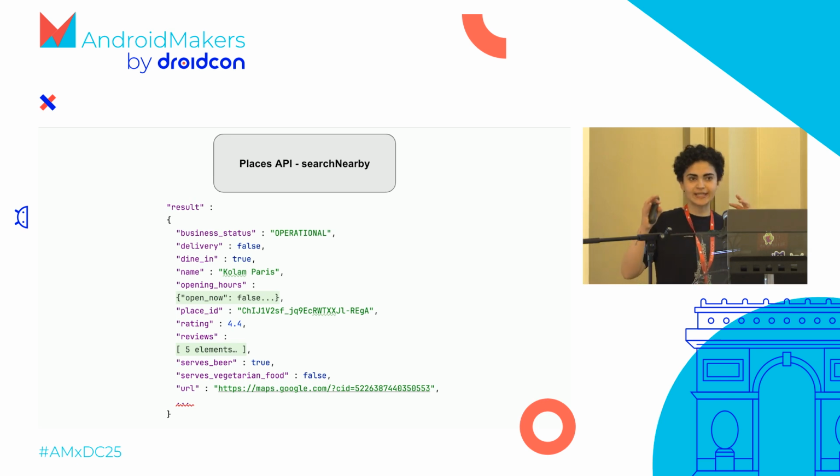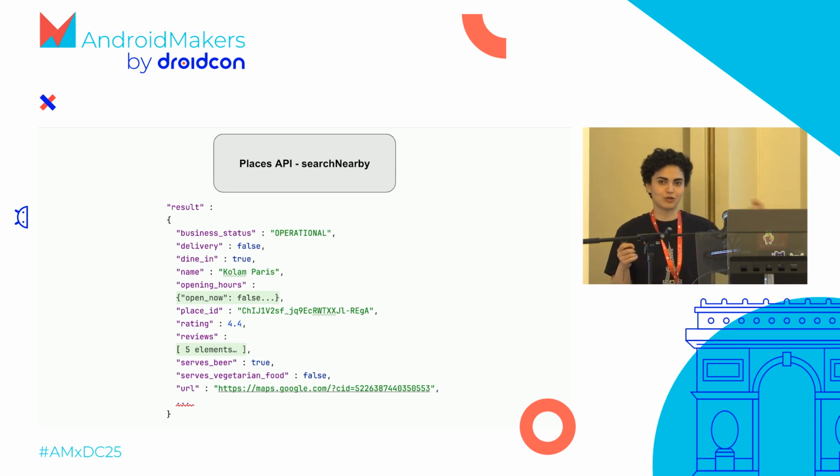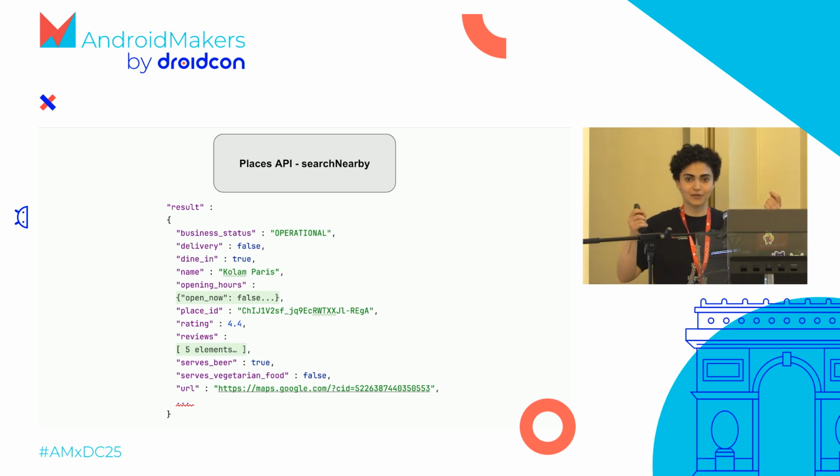And I save all this information into a Room database on my Android app, on my Android device. And this is another reason that my solution is hacky, because everything is happening on the client side. So anyway, now that I have my data ready, I can go to the AI part. The data that I want to provide as the context to the LLM.